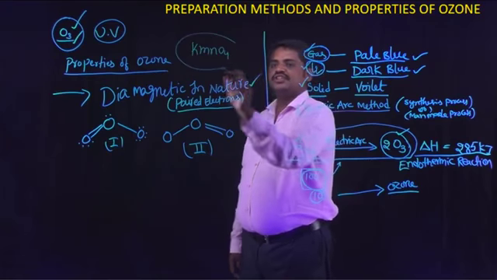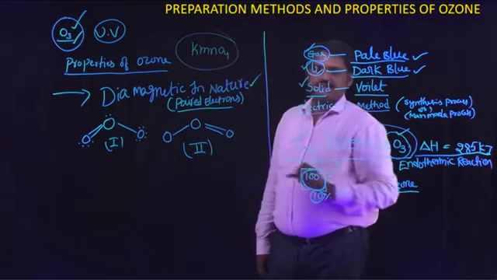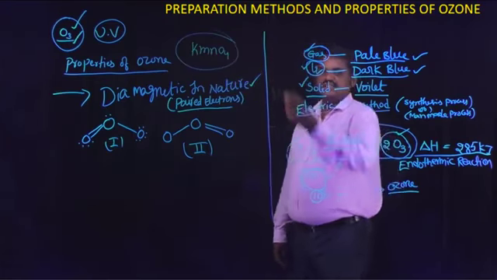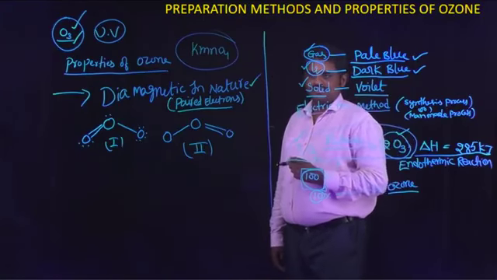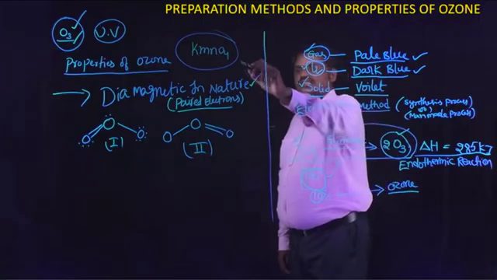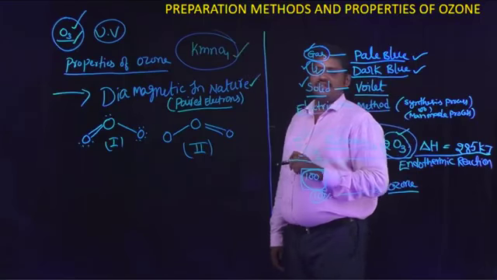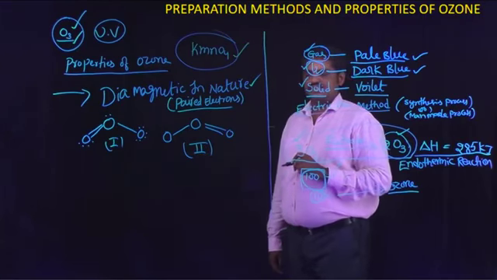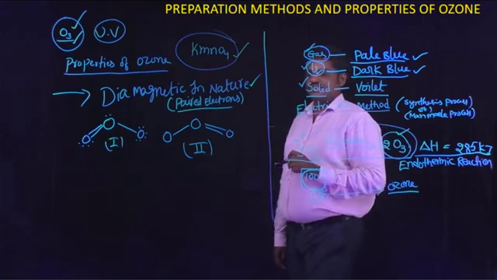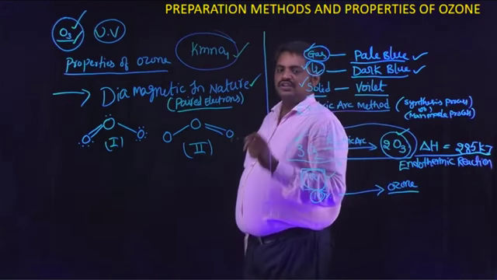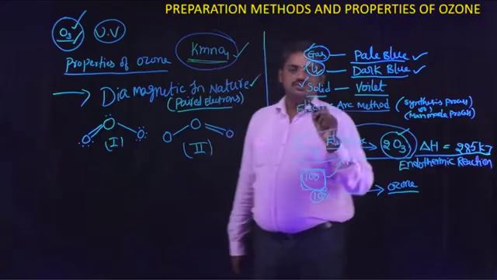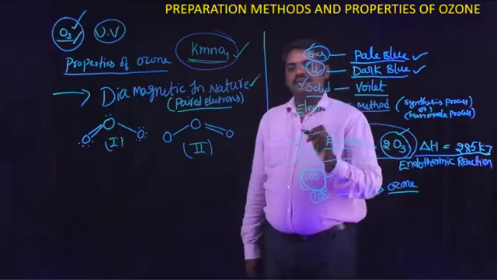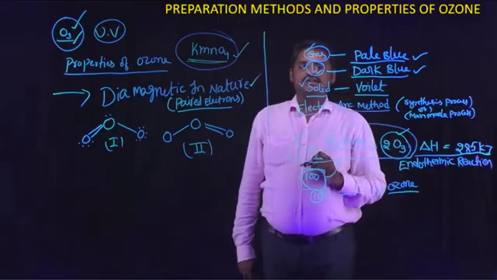This reagent is used for laboratory purposes and to make many chemicals, so it plays a very important role in different chemical industries. The ozone molecule is used to make potassium permanganate.